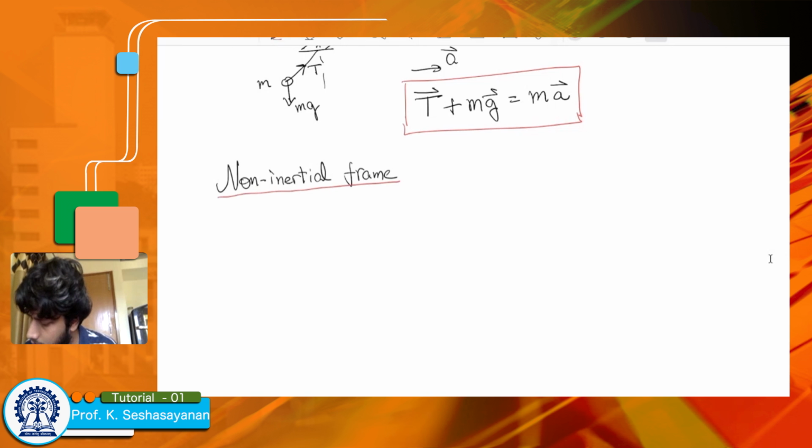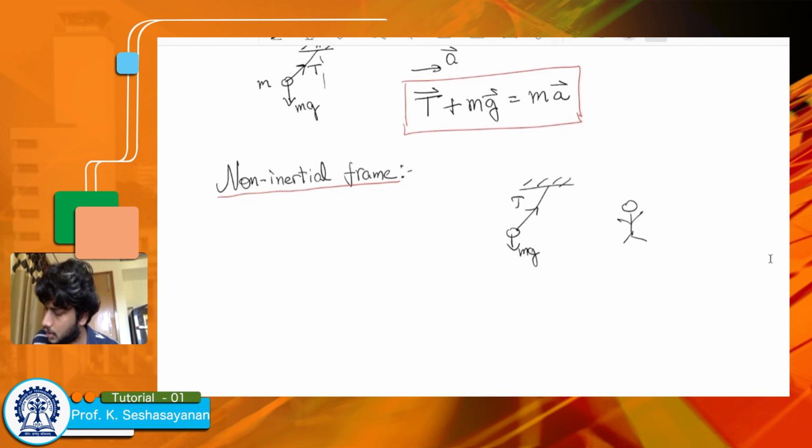What happens? So in a non-inertial frame, you have a pendulum, the pendulum being suspended. There's another observer who's observing the forces that are acting on it. So the observer would say there's tension force, there's a gravity force, the weight of the mass that is acting on it.